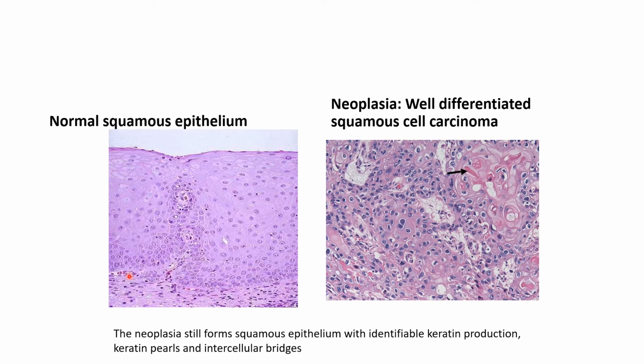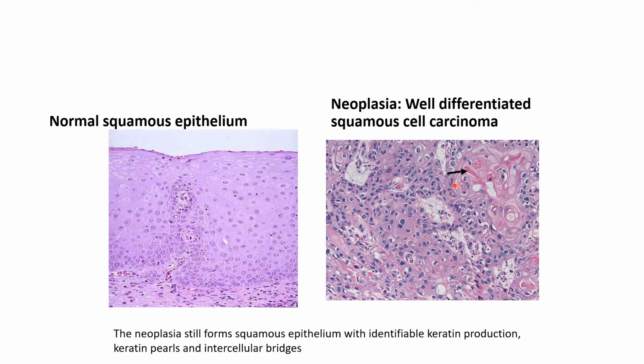Look at this normal squamous epithelium. It is composed of epithelium that produces keratin, that has intercellular bridges, and sometimes you can see keratin pearls. The next picture shows the neoplasm, which is a well-differentiated squamous cell carcinoma.